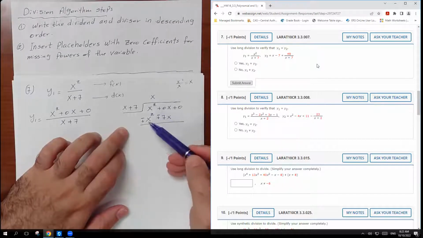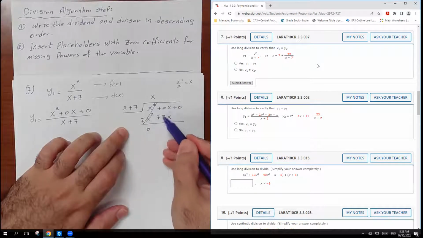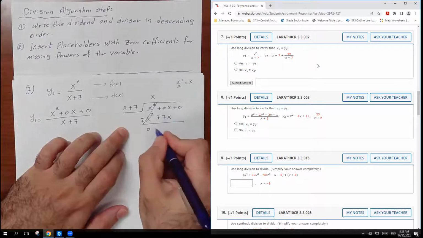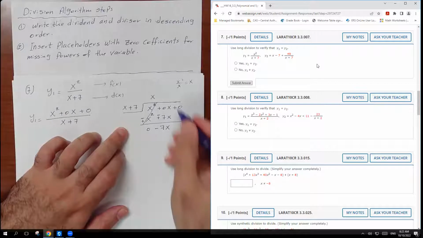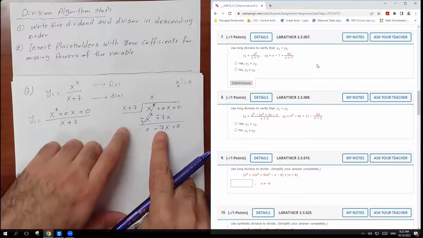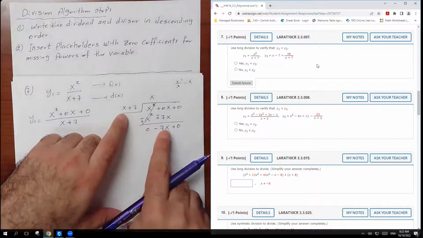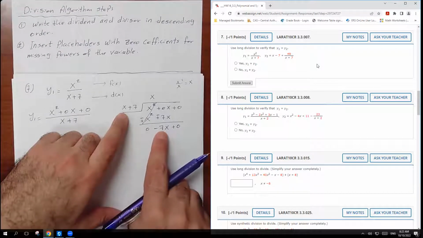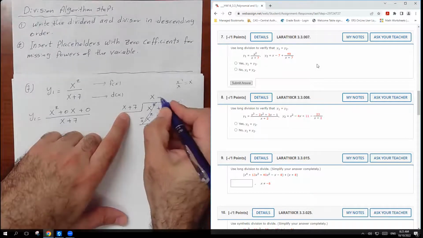X squared minus x squared is going to be 0. 0x minus 7x is going to be negative 7x. I'm going to write down the 0. The next step, I'm going to keep going the same way. Negative 7x divided by x, always dividing the first term here. Negative 7x divided by x is going to be negative 7. So here is negative 7.